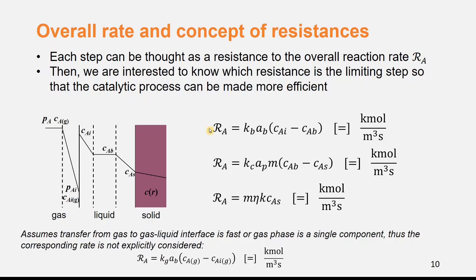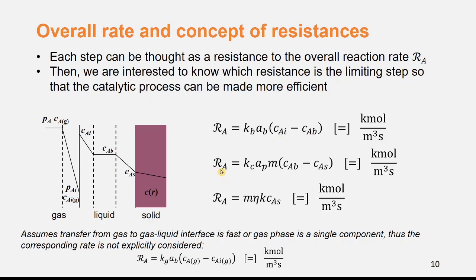We have the rate of absorption being equal to Kb, the gas absorption mass transfer coefficient, times Ab, the surface area of the gas-liquid interface, times the driving force. So the difference in concentration at the gas-liquid interface, CAI, minus the concentration at the bulk phase or the liquid phase, because in slurry, it is the liquid phase that is the bulk phase.